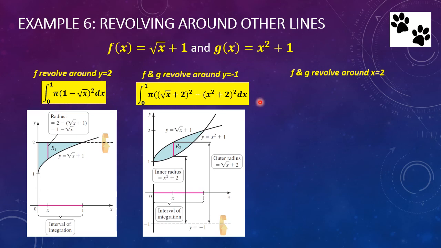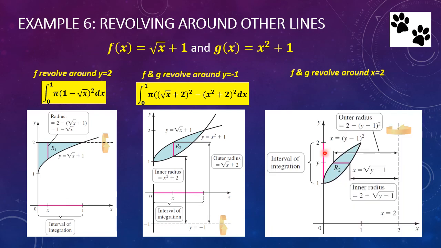Yeah, we're good. All right, so the last problem is f and g revolving around x equals 2. Now x equals 2 is a vertical line, so this is similar to when we're revolving around the y-axis. So we're going to have to solve our problems for x equals a function of y, and again the intervals are given. So here's our problem, here's our graph, and we're revolving around x equals 2.